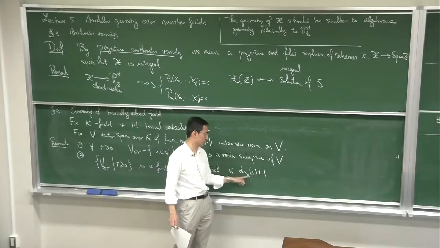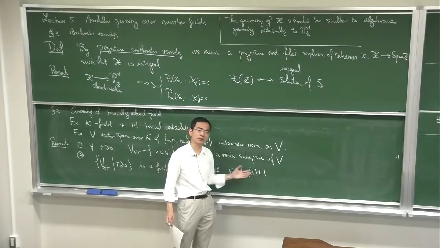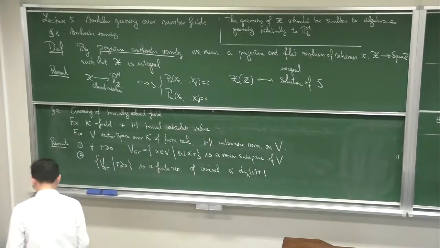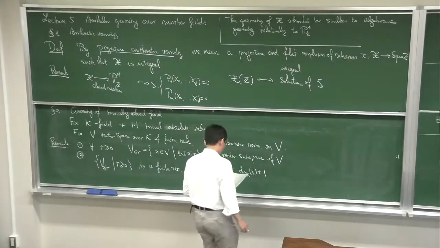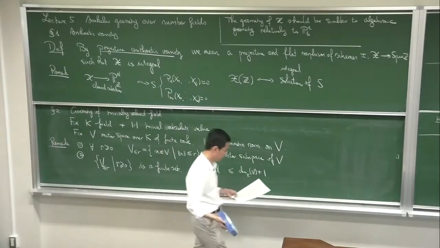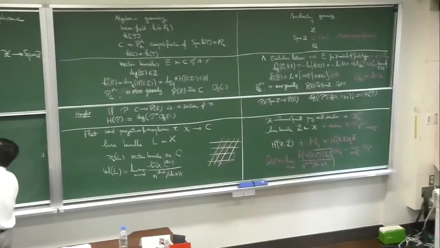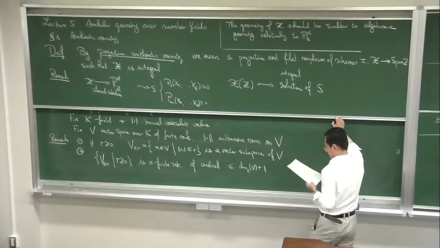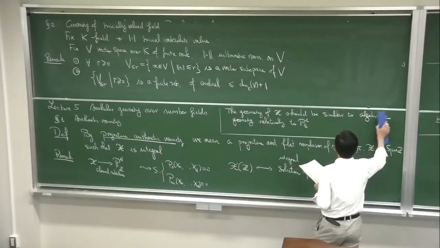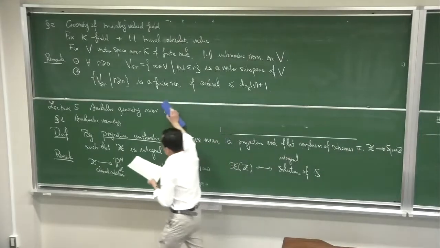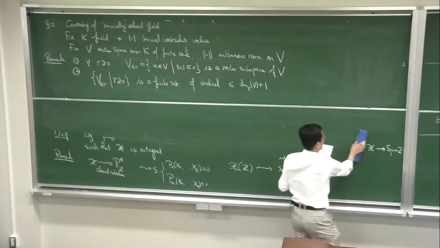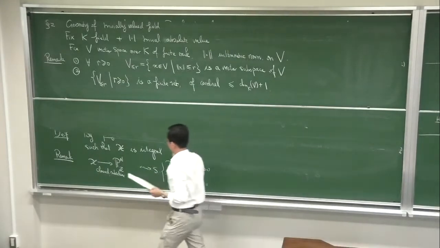So you have just dimension_K of V plus 1 choices for the dimension of subspaces. So you have not so many choices.